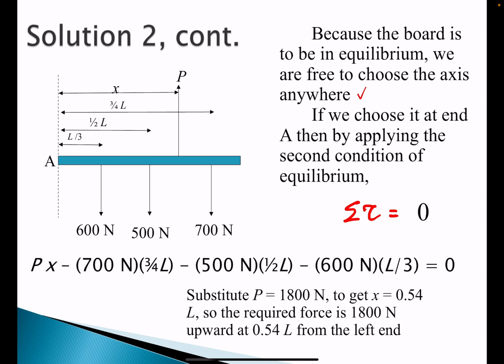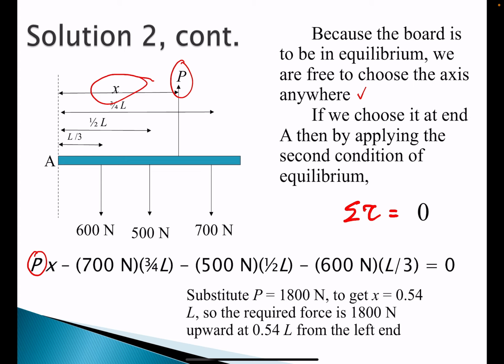So you will get to actually solve the problem by using the formula of torque, which is force times the distance R, or in this case P is the force here, times the distance x here.